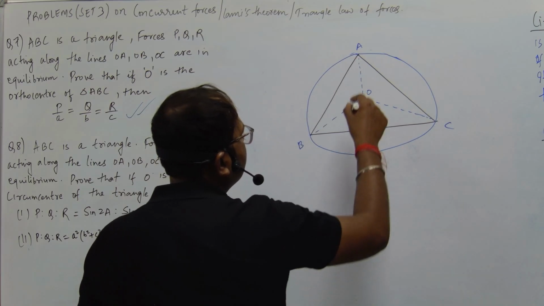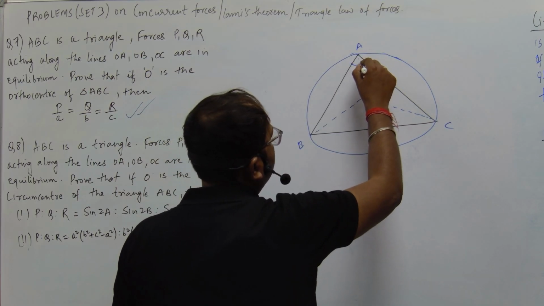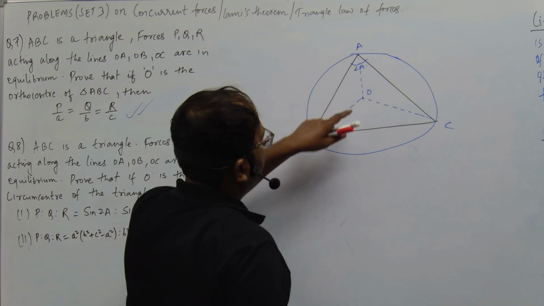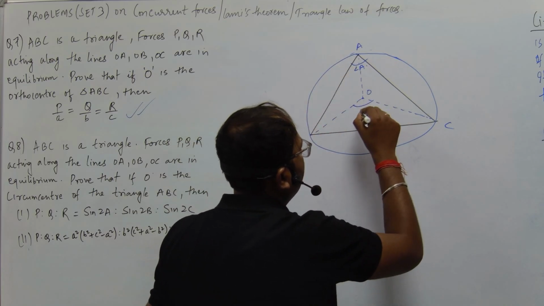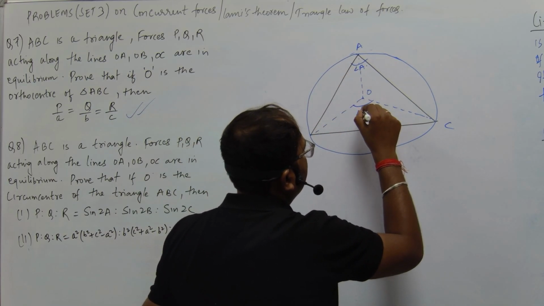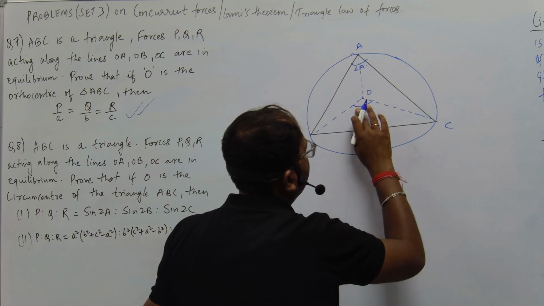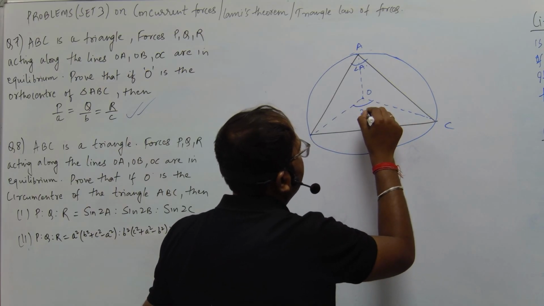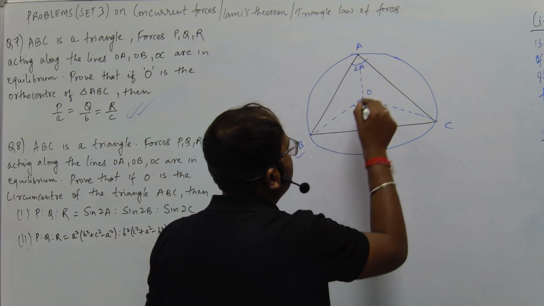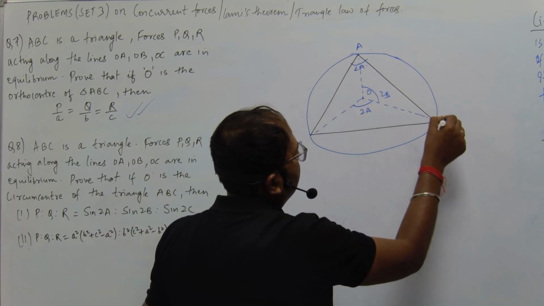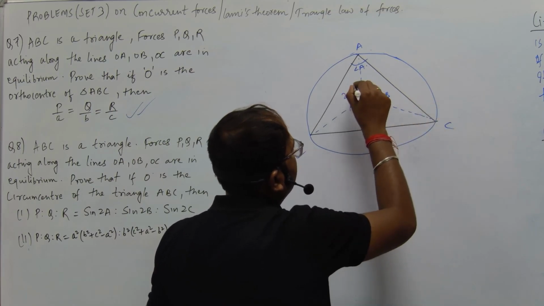Let us consider this as angle A. Since this is angle A, the angle at the center will be 2A. This we have already discussed: 2 times angle A. Similarly, this is B, so this will be 2B, and this is C, so this will be 2C.